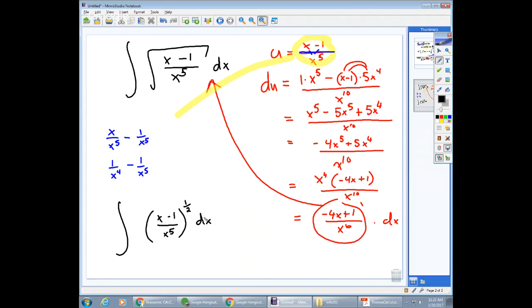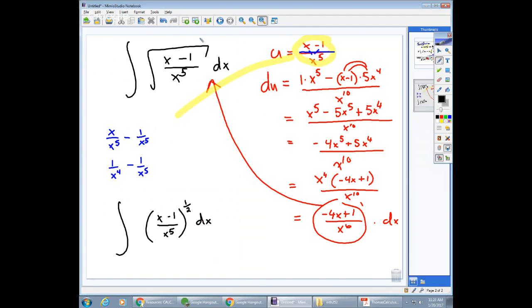Not sure what to do yet. Let's see, what else could we do here? What happens when you distribute the power through everything?